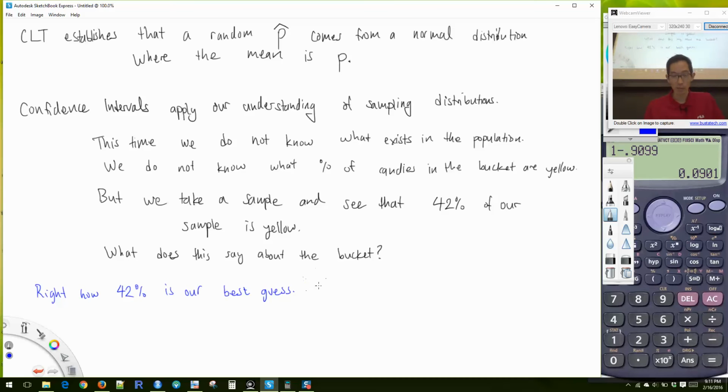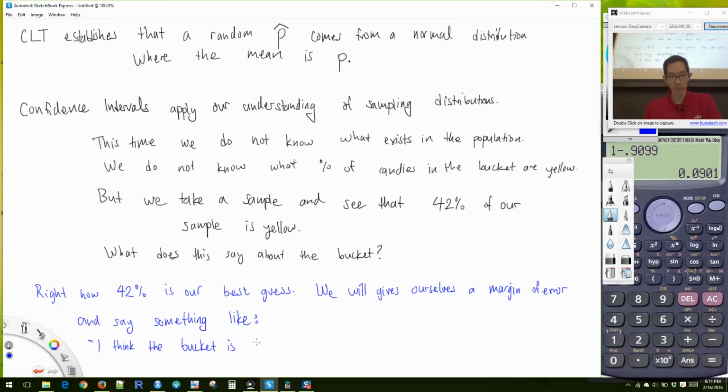We will give ourselves a margin of error and say something like, I think the bucket is 42% yellow, give or take 5% or something like that. This 5% is our margin of error.